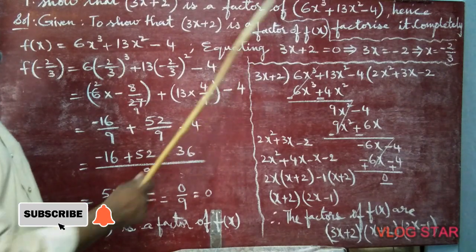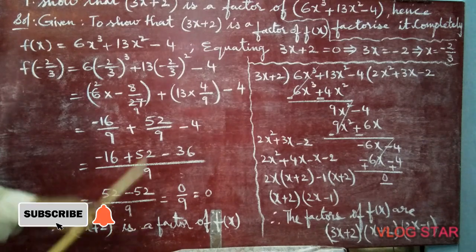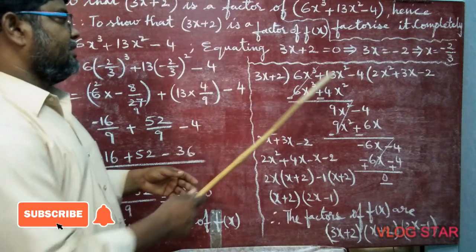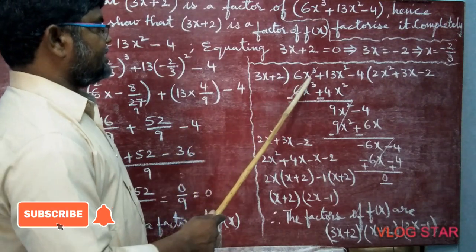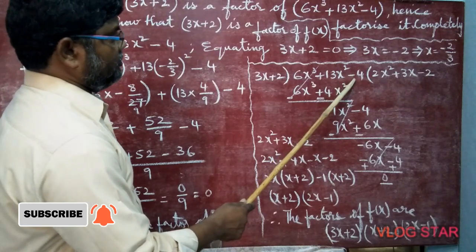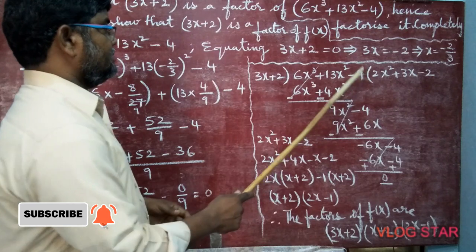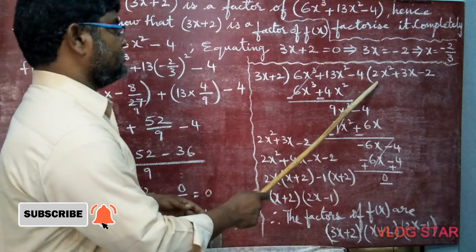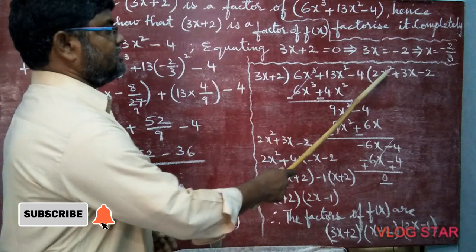Now, out of 3 factors, one factor they gave and told us to prove, and we have proved it. Now we are going to take the long division method and solve. 3x plus 2 divided into 6x cube plus 13x square minus 4. Here plus is there, 3 goes in 6 2 times, and x cube is there, so x square.